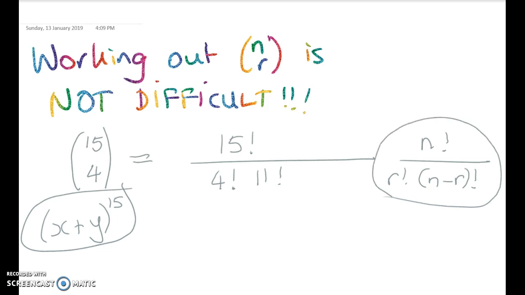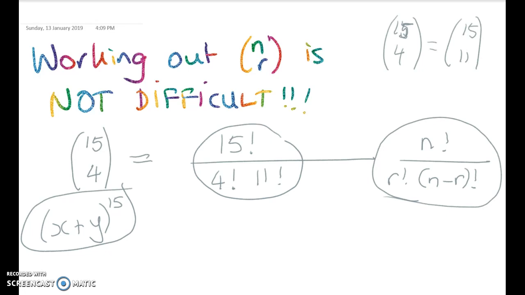And if you play around with this a bit, you'll see that that fits in with the symmetry, because 15 choose 4 is the same as choosing 11 objects from 15. Right, now what do we do with this?